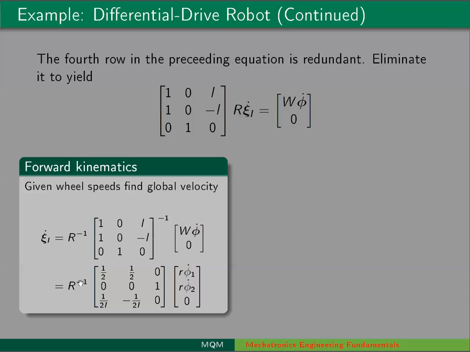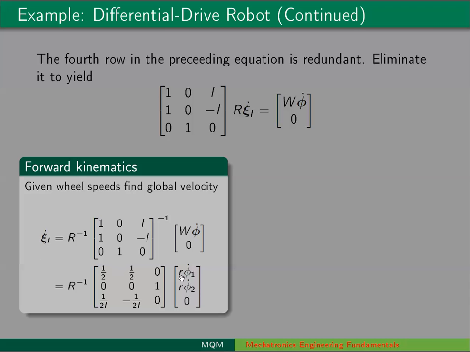So if you were to multiply both sides of this equation by R, then we would have R times psi dot I, and then we would just have these terms here on the right-hand side. And R times psi dot I, what is that again? That's psi dot R. So the product of R and this vector is the speed in the robot frame.